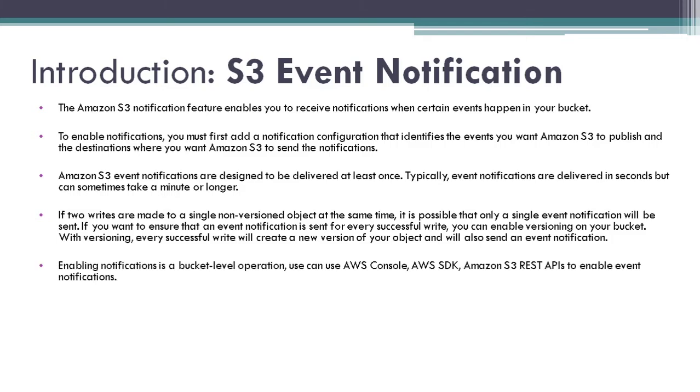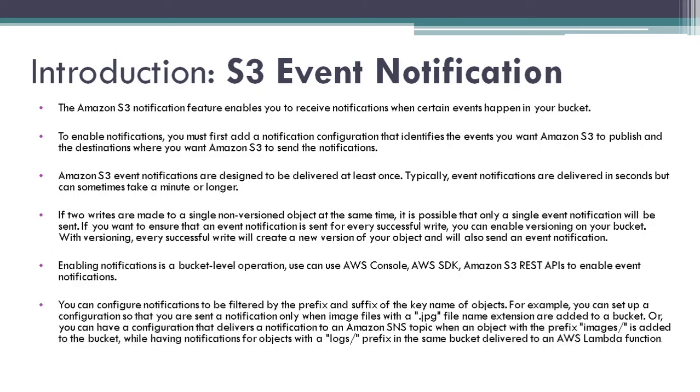Enabling notification is a bucket level operation, so you can enable this feature at the bucket level with the help of the AWS Console, SDK, or S3 REST APIs. You can configure notifications to be filtered by prefix and suffix of the key names of the object.